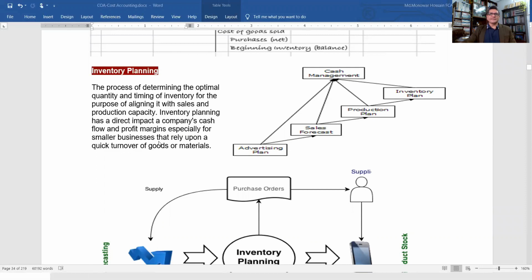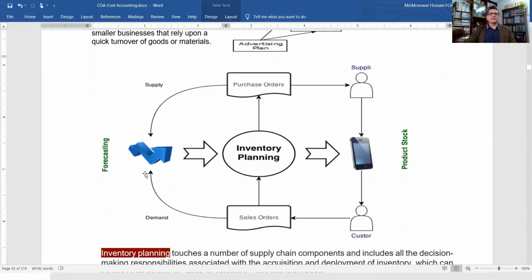And inventory planning is the process of determining the optimum quantity and timing of inventory for the purpose of aligning with sales and production capacity. Look here, forecasting should be accurate: supply, demand, purchase order, inventory planning, sales order.